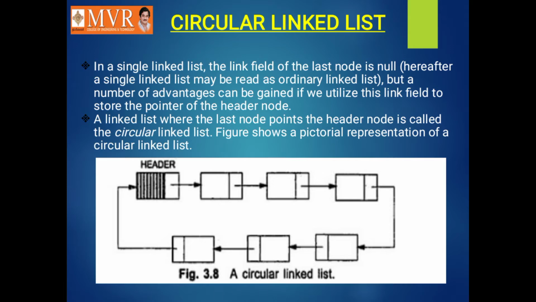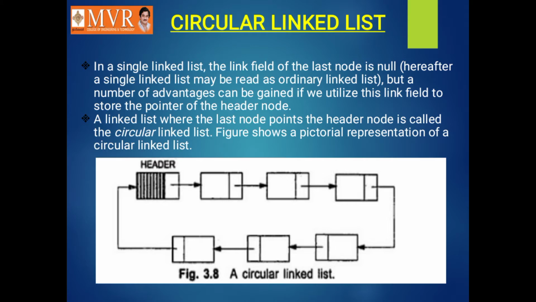In a single linked list, the link field of the last node is null. But a number of advantages can be gained if we utilize this link field to store the pointer of the header node.